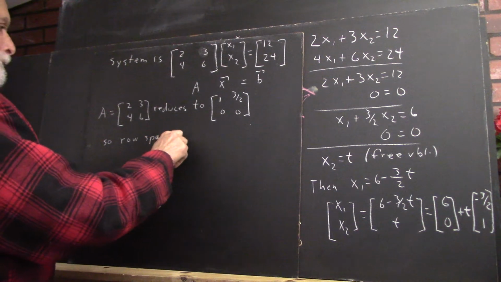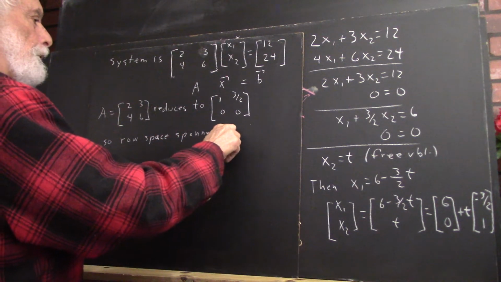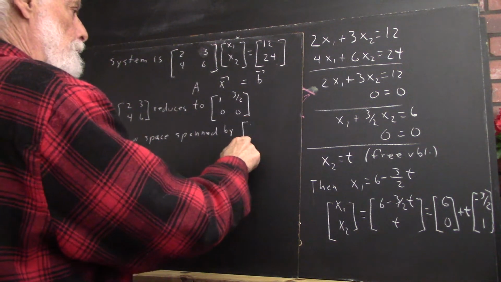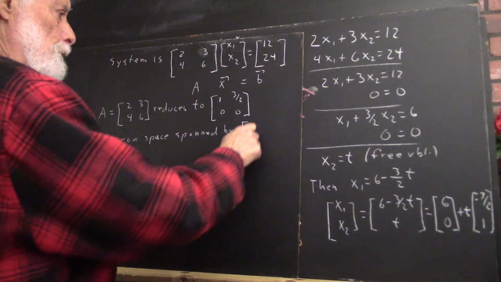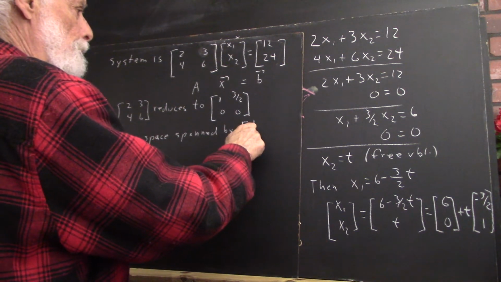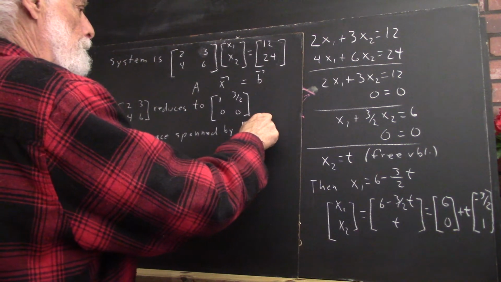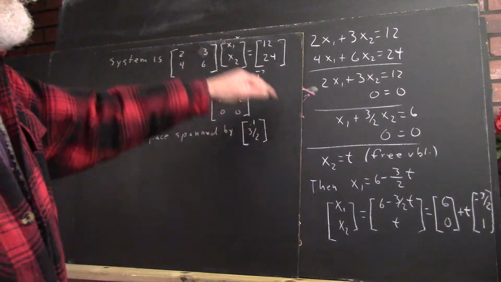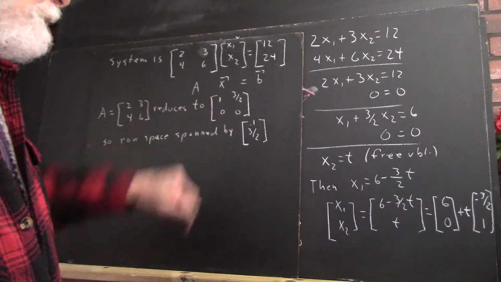So the row space is spanned by the vector in the row, but I'm going to write it as a column vector. It's not a column, it's a row, but since we're representing our vectors in x1, x2 space by columns, I'll write it as a column vector.